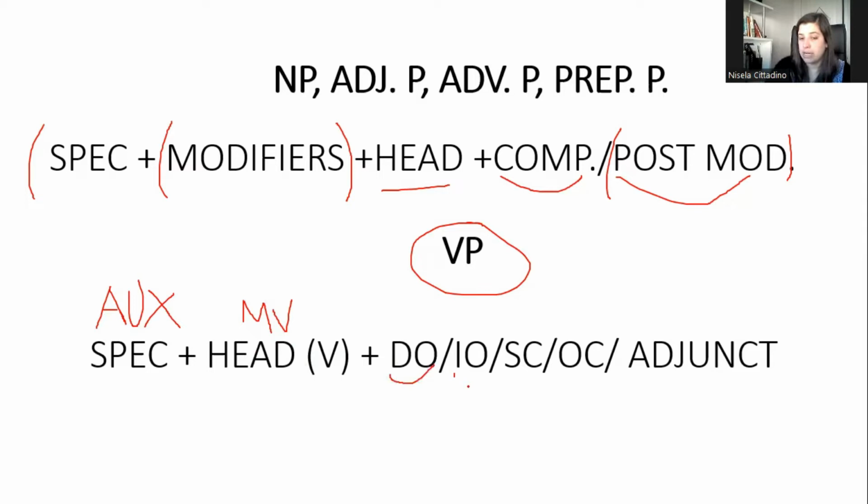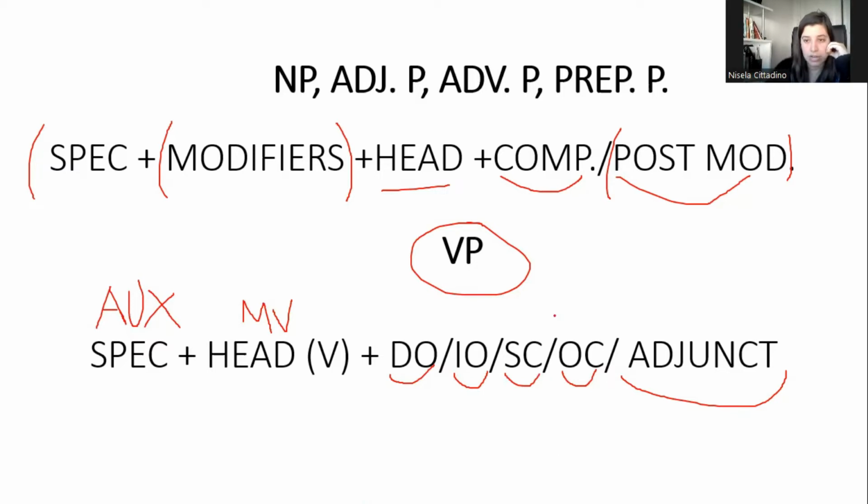Maybe a direct object, an indirect object, a subject complement, an object complement. And it could be that you find an adjunct. Adjuncts are optional categories that may appear after the head of a verb. So I hope that this brief explanation made things clearer to you, and if not, you know that you can ask questions.